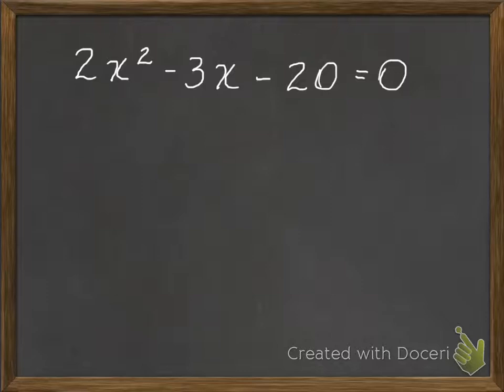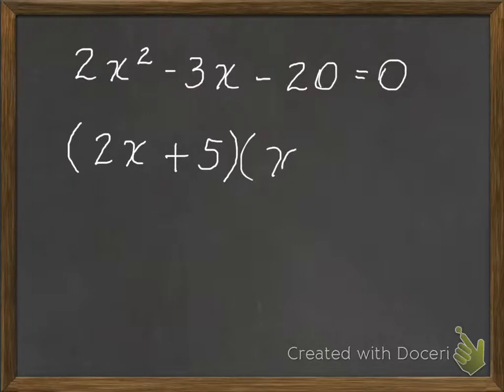I used the FOIL method, or guess and check method, and when I did that, my correct guess was 2x plus 5 times x minus 4. I guessed these first terms, which was easy because 2 is prime. Those first terms multiply to give me this first term.